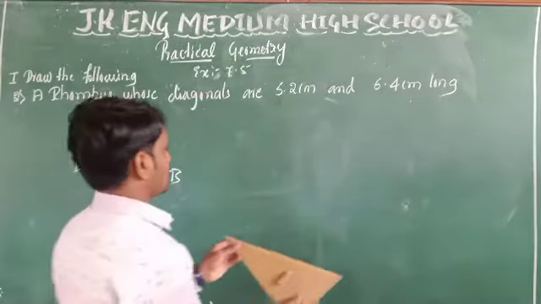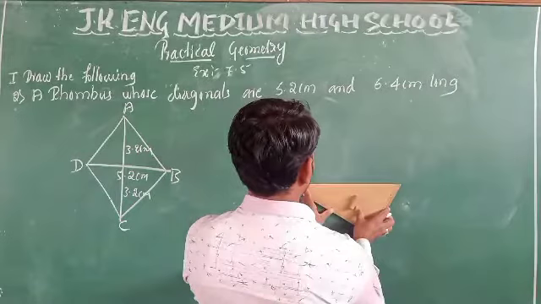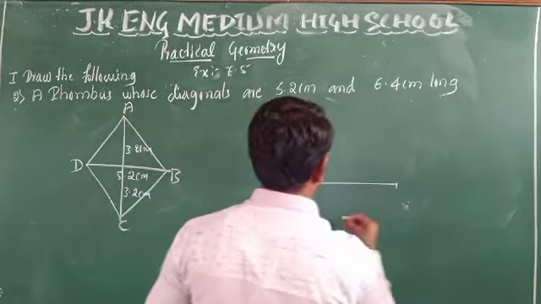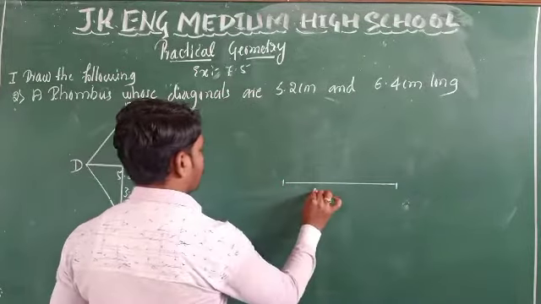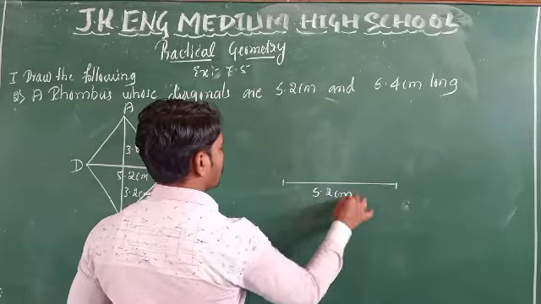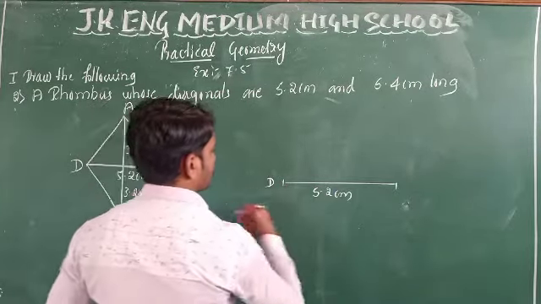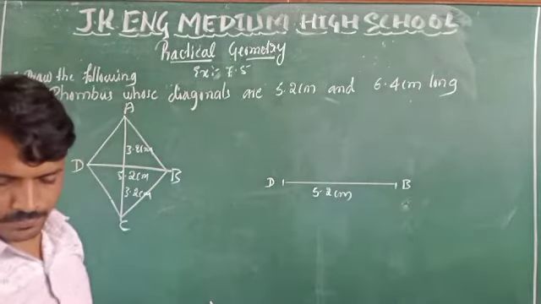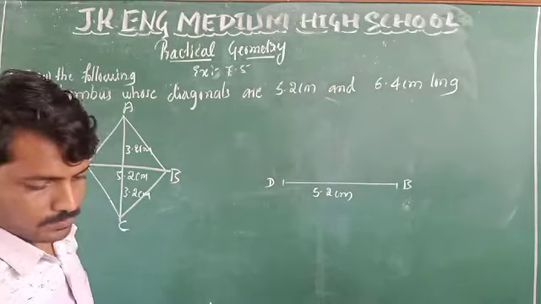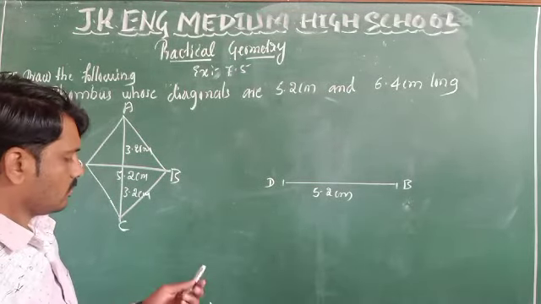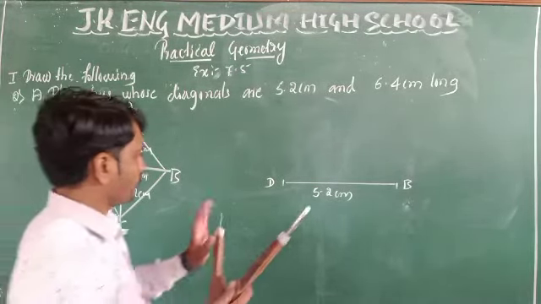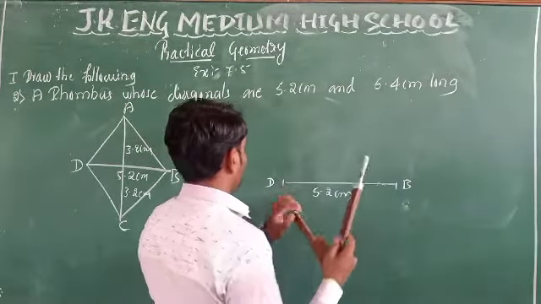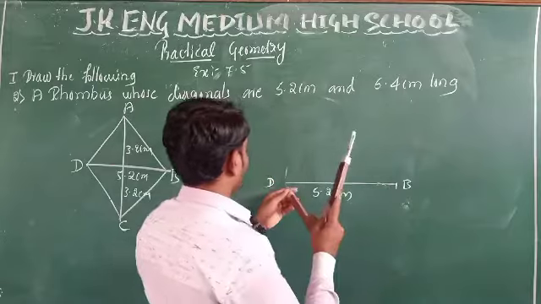Let us draw with measurements. First draw one straight line. The length of the straight line is 5.2 centimeter, correct? It is considered as BD. Later on, please see the construction carefully. Keep on this point, take more than half.